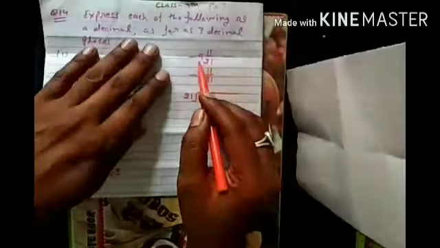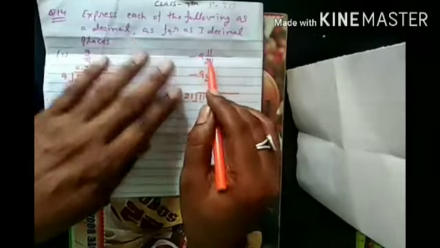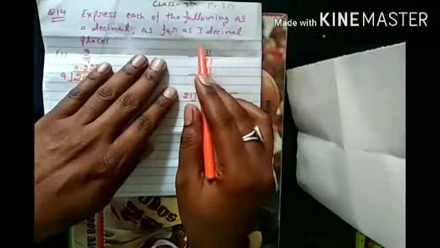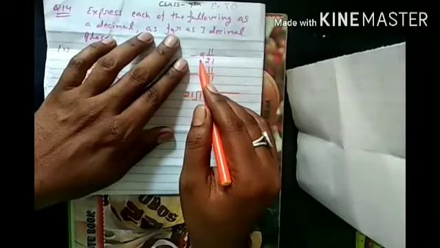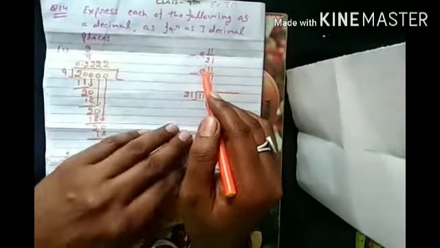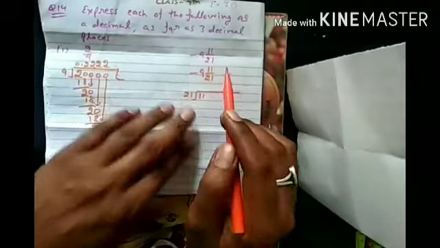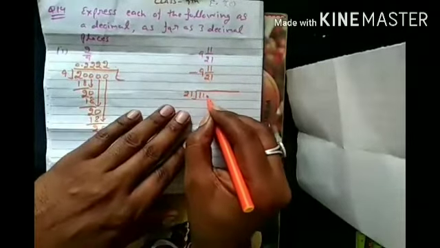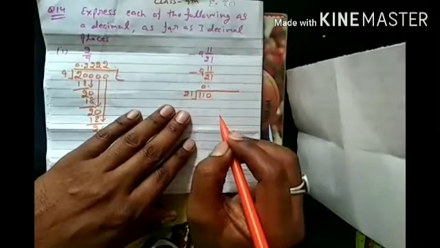Similarly, here we have to convert this into decimal form up to 3 places of decimal. So here 9 is the complete number. We need not do anything with 9. So I will divide just 11 by 21. Now 11 is smaller, therefore I will write 0 and place the decimal.